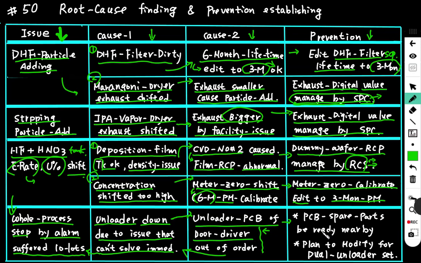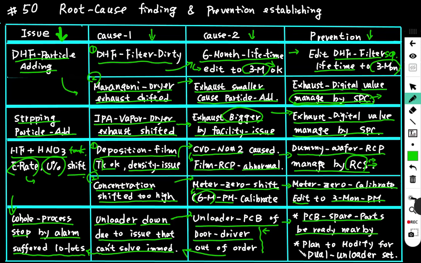The prevention action has 2 items. Item 1, the PCB spare parts are all kept ready nearby the wet bench.